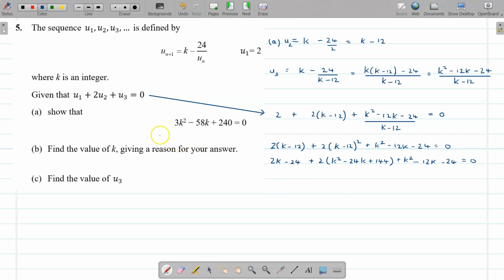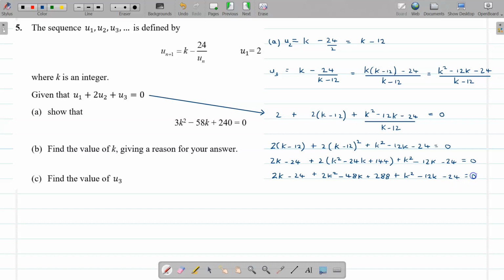Oh no, I've got to show it, so really I should put the steps in, so don't be tempted to shortcut too much. I will go a bit further with this. 2k minus 24 plus 2k squared minus 48k plus 288 plus k squared minus 12k minus 24.